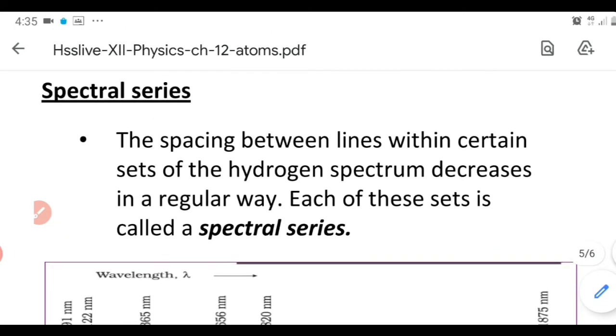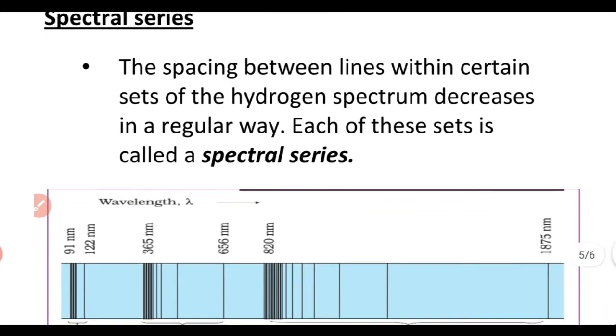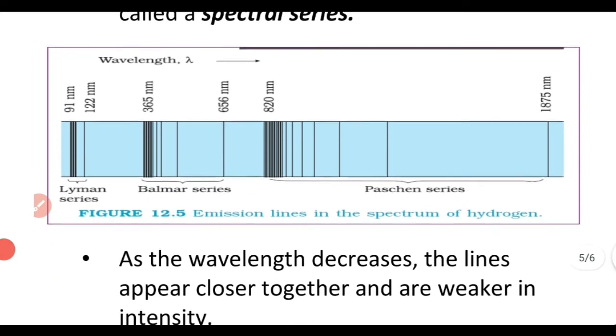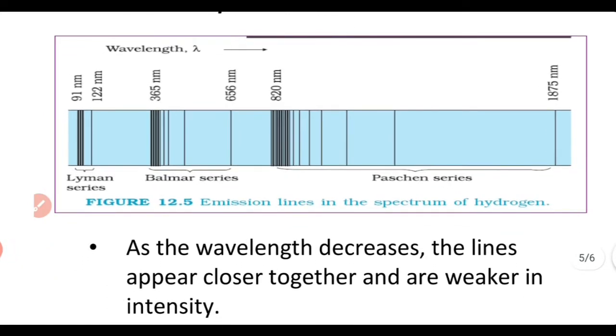The spacing between lines within a certain set of the hydrogen spectrum decreases in a regular way, and each of these sets is called a spectral series. Likewise, there are different spectral series in the hydrogen atom: the Balmer series, Lyman series, Paschen series, Brackett series, and Pfund series. We are going to discuss those spectral series.